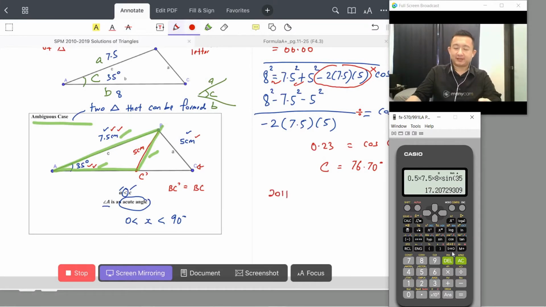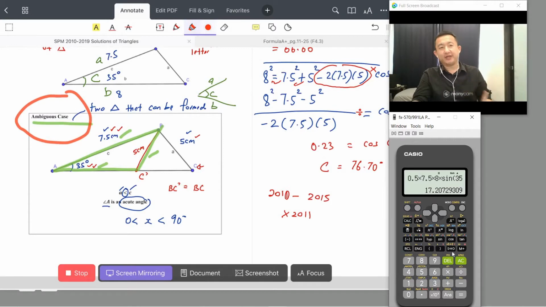the 2010s, 2010 to 2015, except for 2011, believe it or not, we have this context, the ambiguous case, in every year.